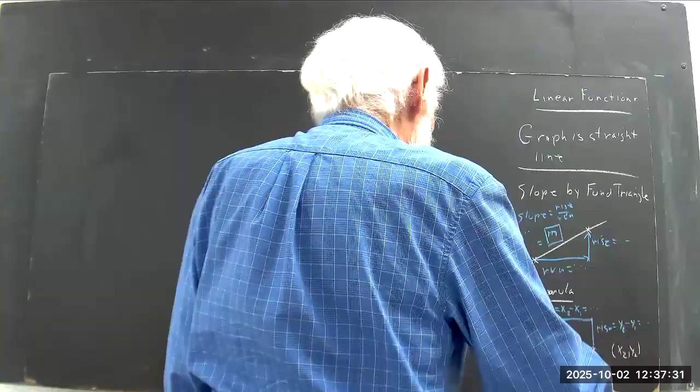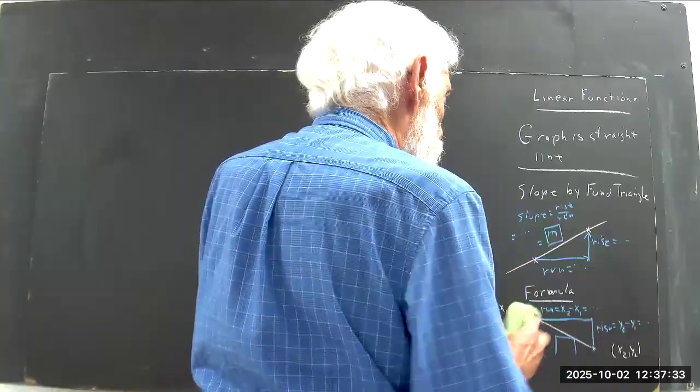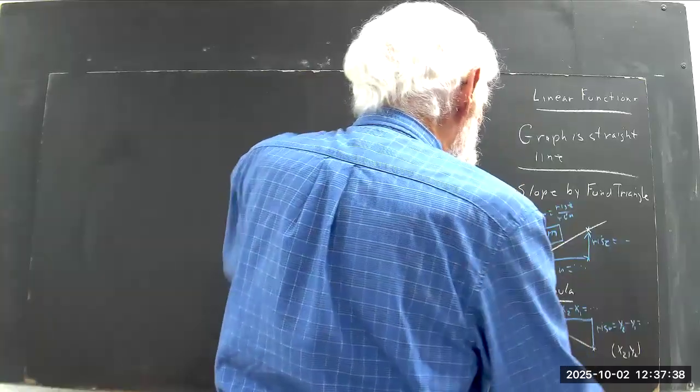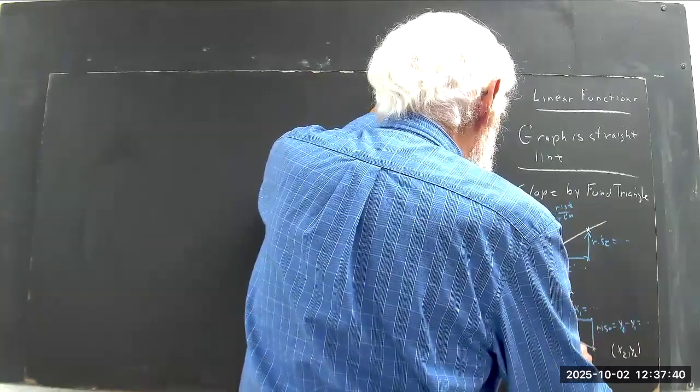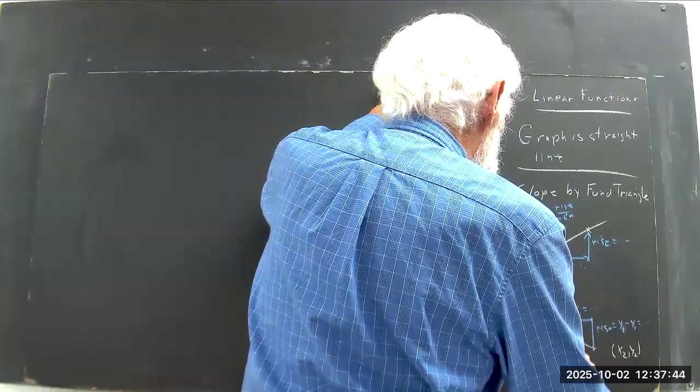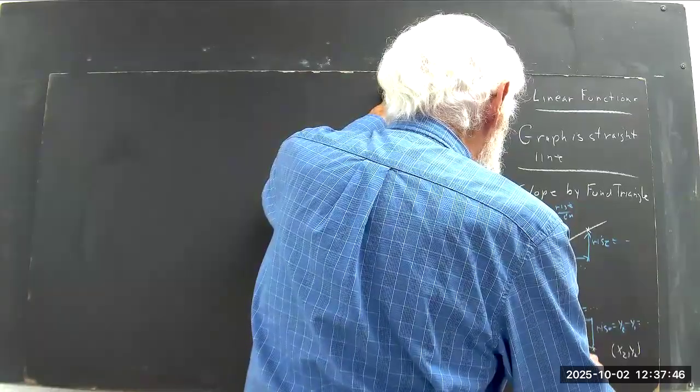And then in the box, what you end up with, should have given myself a little more room there. What you end up with is rise is y2 minus y1, run is x2 minus x1.